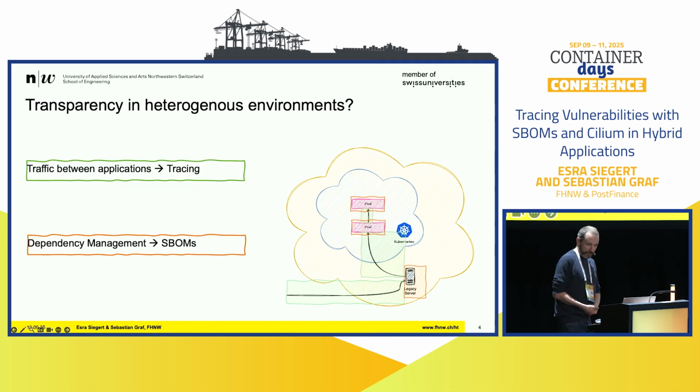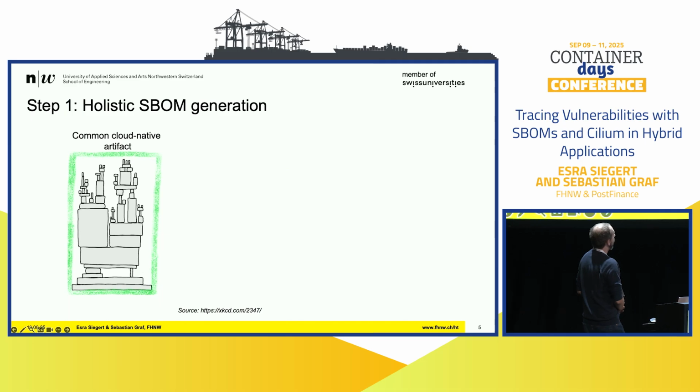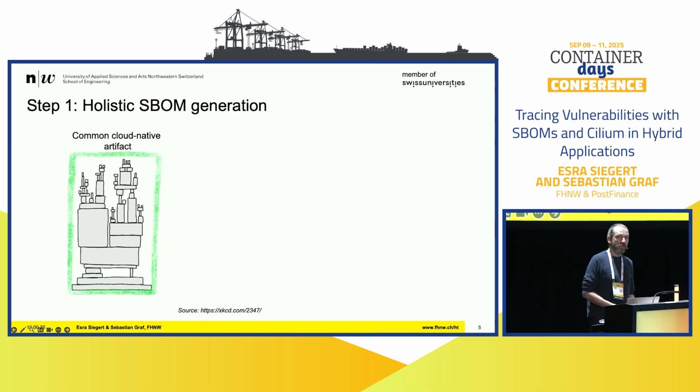Dependency management on your legacy part is quite problematic as well. But you need to establish knowledge about your entire system to gain awareness about any kind of vulnerabilities. So we try to tackle this challenge in 2 steps.